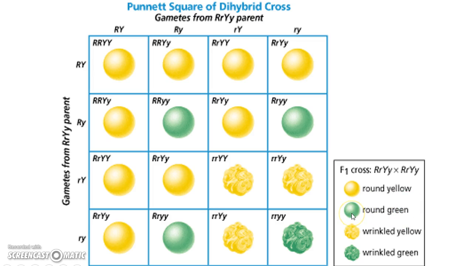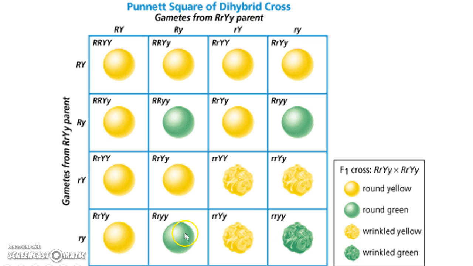Remember, the ratio that we were going to get was 9, 3, 3, 1. So I bet I have 3 of the round green ones. 1, 2, 3. Yes, I do. How about wrinkled and yellow? 1, 2, 3. And then my wrinkled green one is only 1. So we have that 9, 3, 3, 1 ratio again.